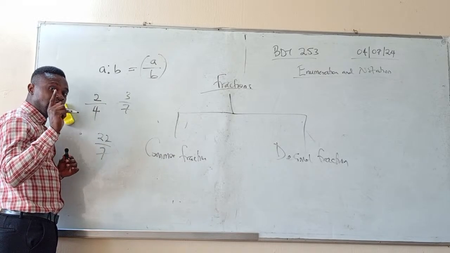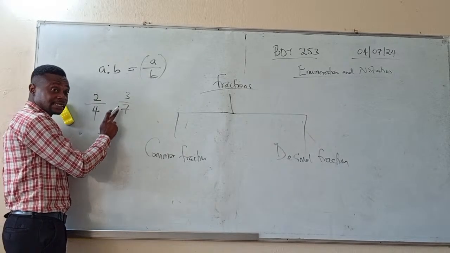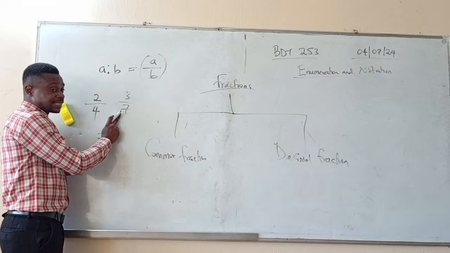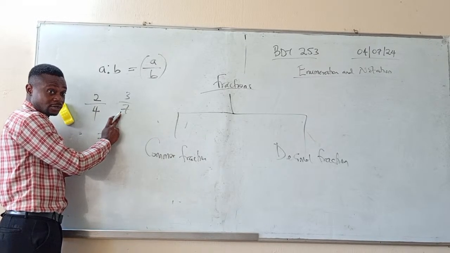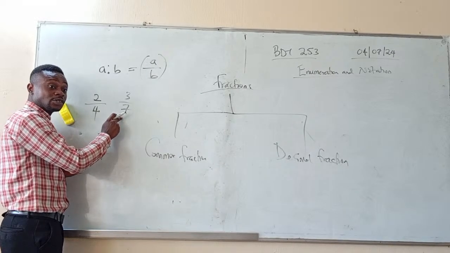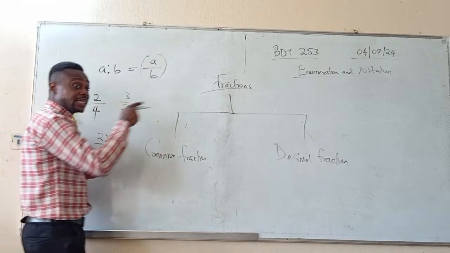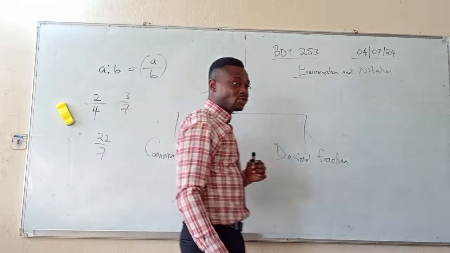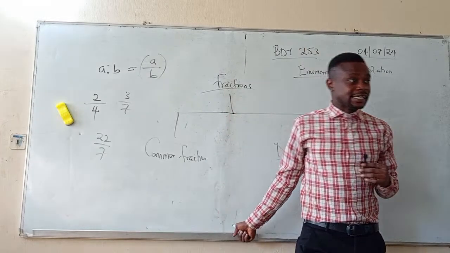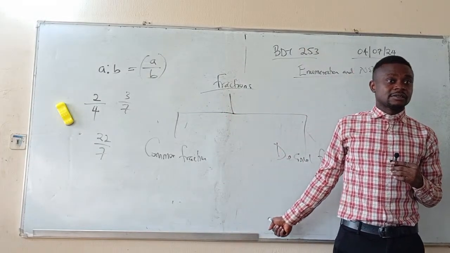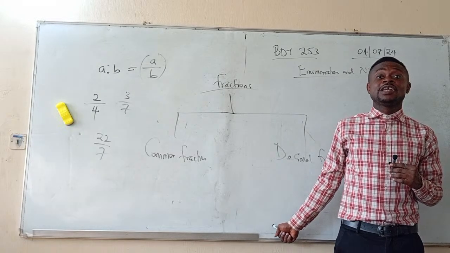Remember when we discussed rational numbers, I told you that you may have a number like 3/7. You may not know whether it is a rational number or not until you move it from common fraction to what? Decimal fraction. If you move it from common fraction to decimal fraction, you can now test to know if it is actually a rational number. How do we test to know whether it's a rational number?